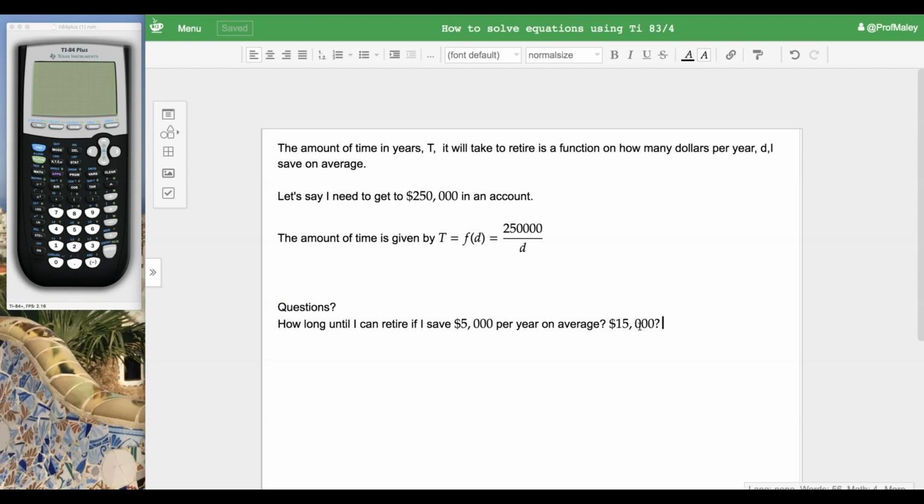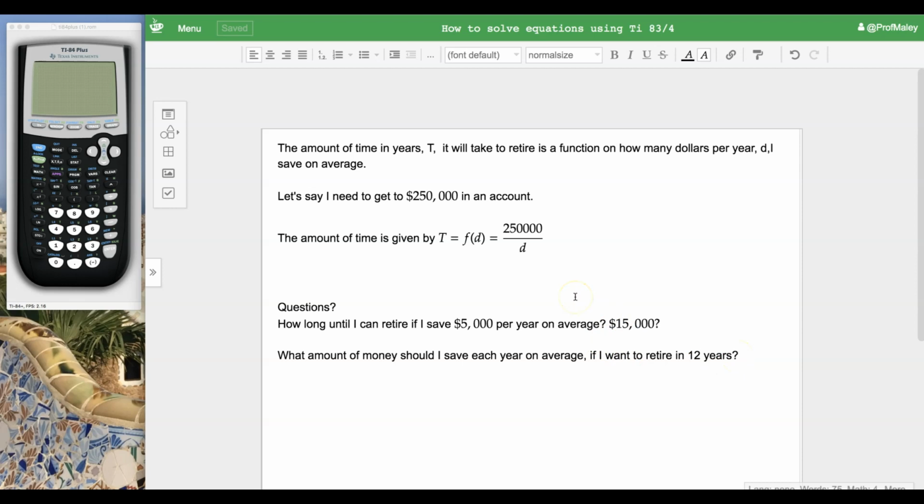But anyway, those would be two good questions to ask. And how about as well, what amount of money should I save each year on average if I want to retire in, let's say, 12 years? Let's say that's on my plan.